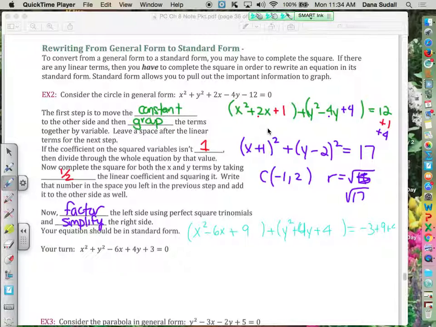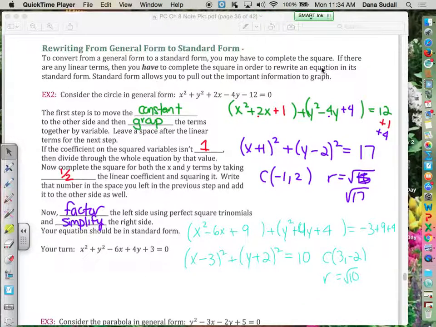Add 4 to the left, we'll add 4 to the right. And factor. On the right-hand side, combine your like terms there. We're going to have, what, 10? And then my center would be at 3, negative 2. And I'd have a radius of square root of 10, which is just a little bit bigger than 3.